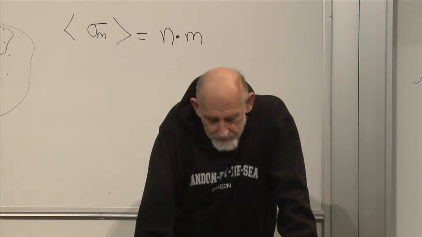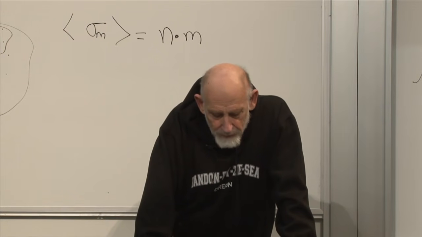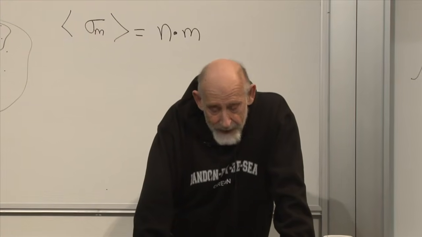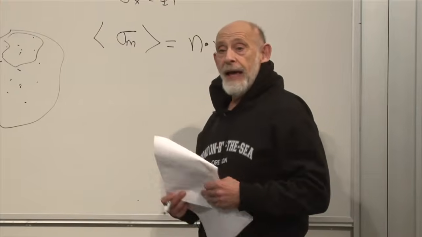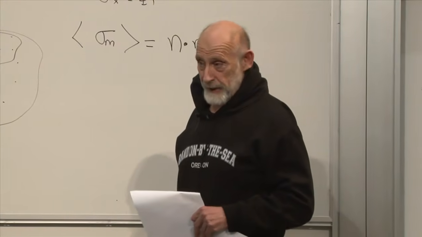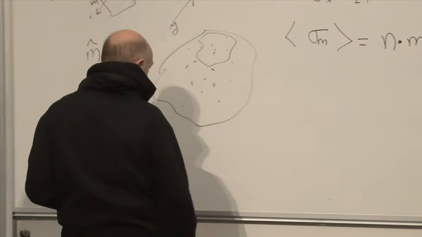Okay, let's talk about calculus of propositions. If I give you two propositions, A and B, I can form two combinations of them, A or B and A and B. Let's just see what that means in terms of sets.